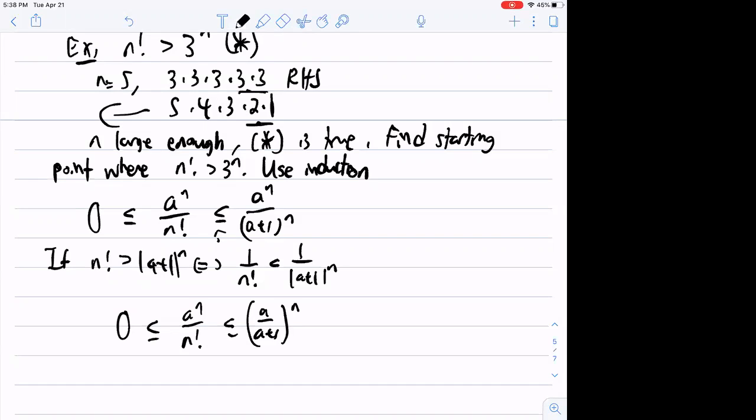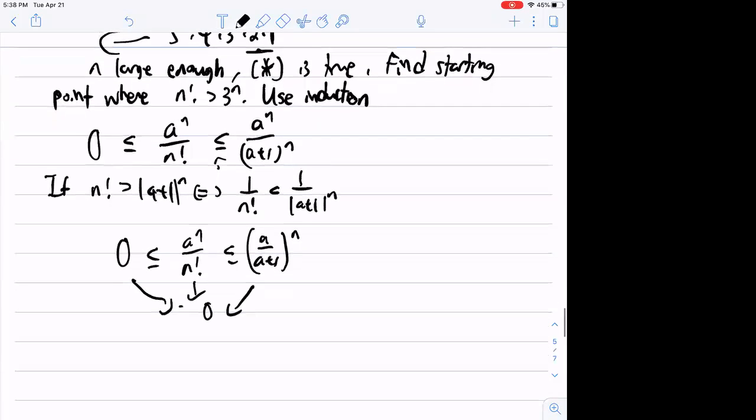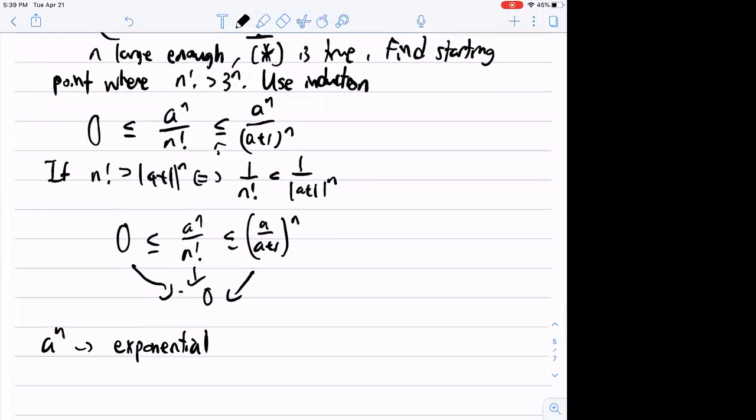So this will go to 0, and this goes to 0, so this thing goes to 0. But the cool thing is, what does this mean? a to the n is exponential, and most people think exponential is super fast. It turns out n factorial is faster. Exponential growth is nothing compared to factorial growth.